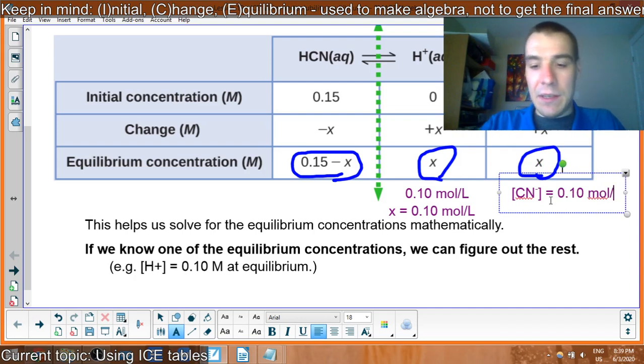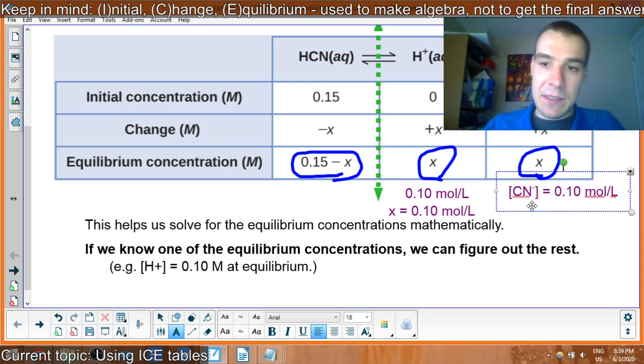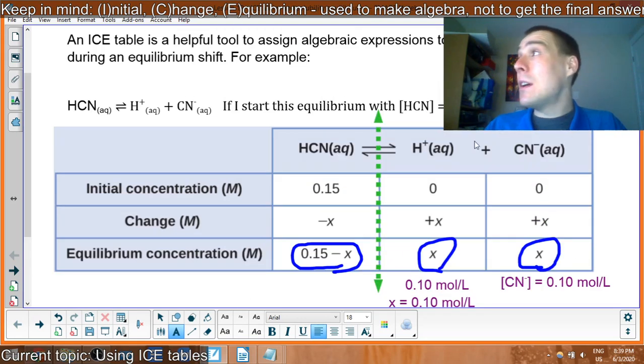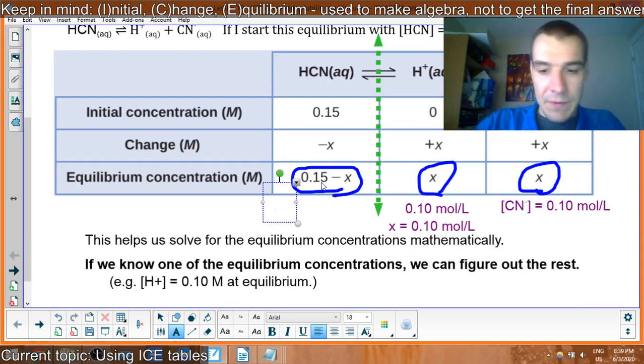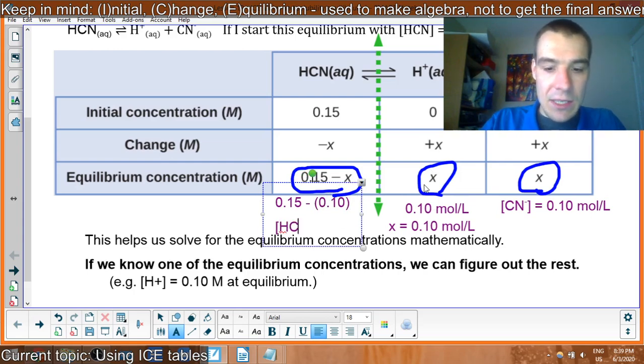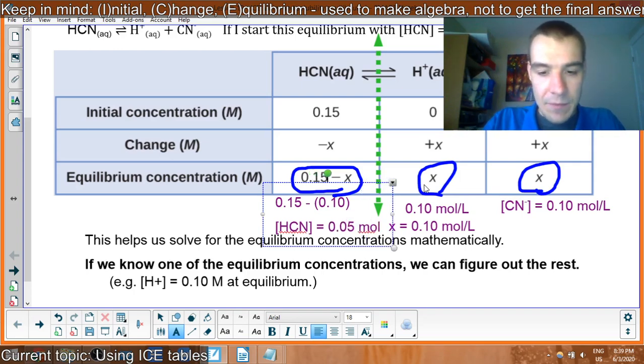So I can figure out the concentration of a different species in the reaction based on the concentration of this one. And I can also figure out this guy, 0.15 minus x, and we know what x is. x is 0.10. So therefore, the concentration of HCN at equilibrium is going to be 0.05 moles per liter.